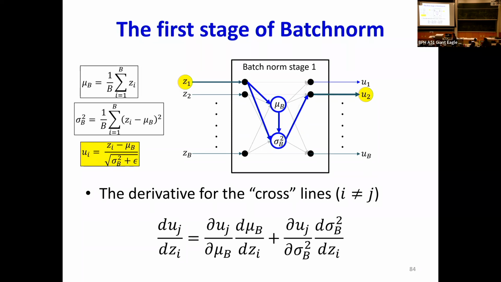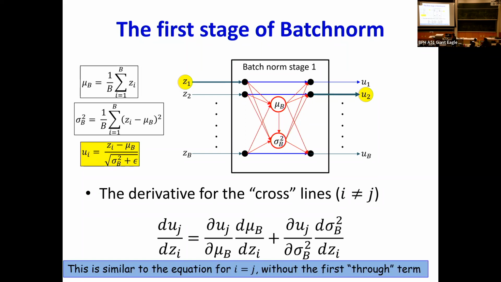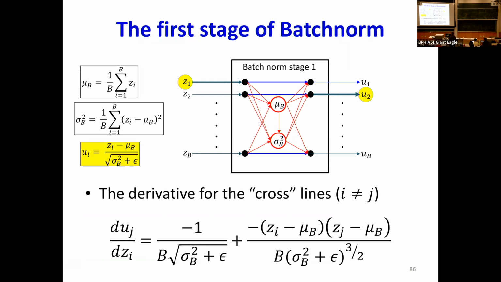This is similar to the i equals j case without the through term, and I won't work it out. This is what the formula is going to be. I trust that all of you can sit down with pen and paper and work it out. It's not so complicated. Or finger in desert sand, yes.